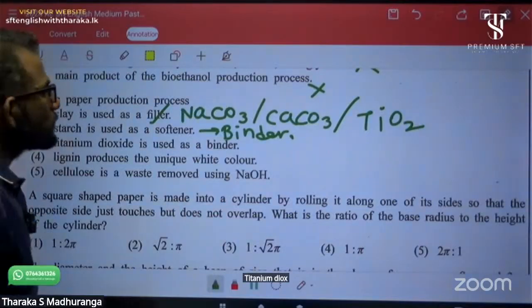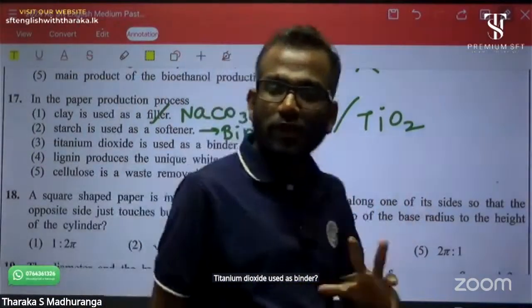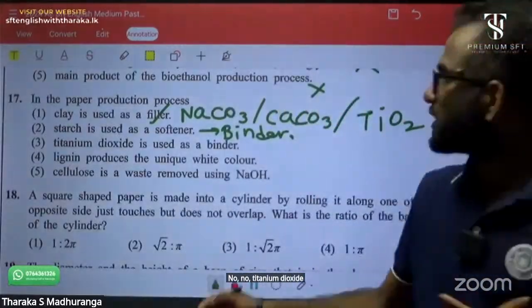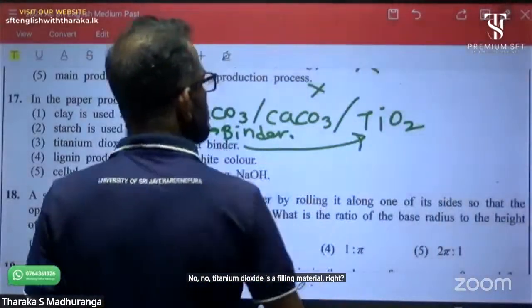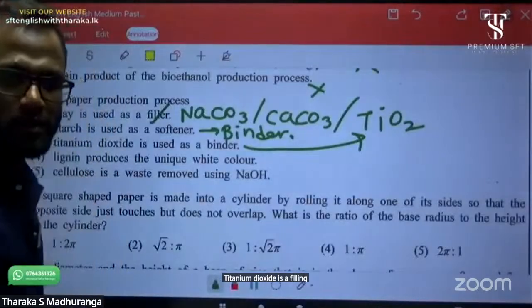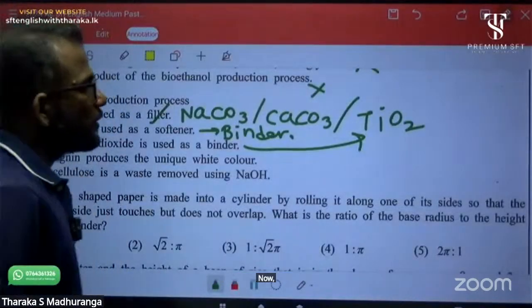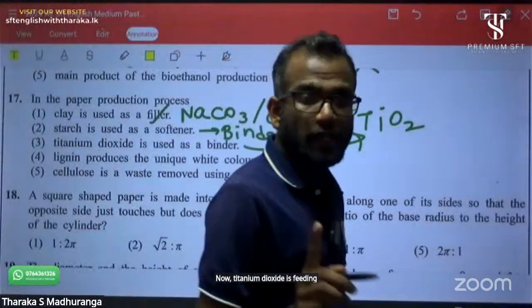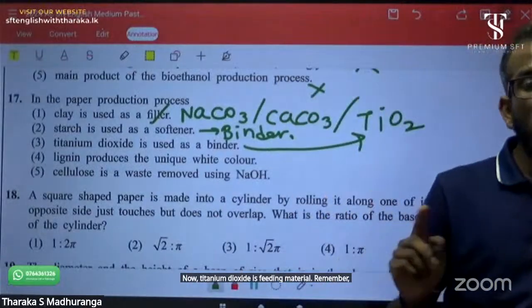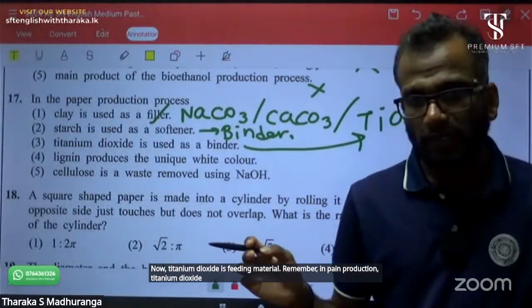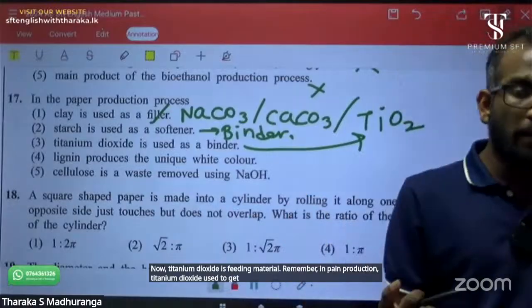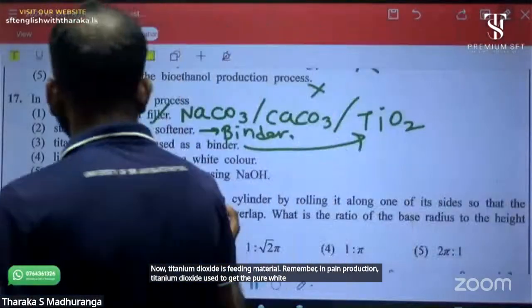Titanium dioxide is used as a binder? No. Titanium dioxide is a filling material. Remember, in paint production titanium dioxide is used to get the pure white color; it's a pigment. But in paper production, it's a filling material.